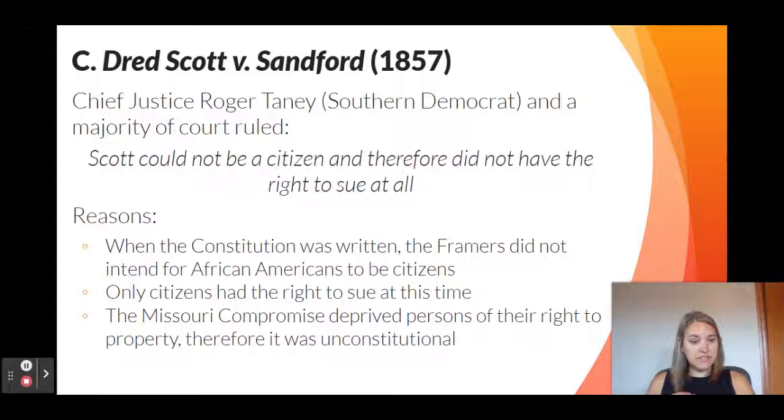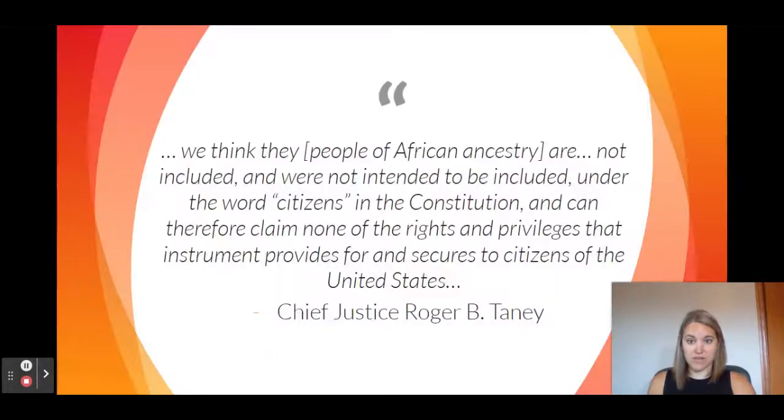But then they took the decision a step further and said the Missouri Compromise deprived white people of their right to property, and therefore it was unconstitutional. So while we know that the Kansas-Nebraska Act ignored the Missouri Compromise, now the Dred Scott decision actually repeals the Missouri Compromise and allows for slavery to exist in all of those territories.